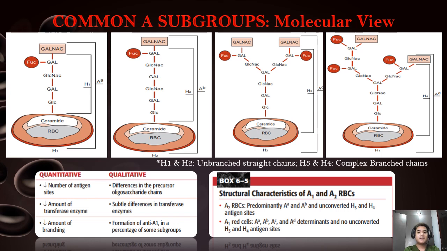Overall, based on the conversion efficiency of A1 enzyme, the A1 subgroup contains all A antigen determinants and leaves zero unconverted H3 and H4 antigens, while the A2 subgroup is predominantly A and AB determinants only, with remarkably poor amounts of AC determinants and a complete absence of the AD determinant, which accounts for the very few individuals that may produce an unexpected anti-A1 antibody in that individual's serum sample.